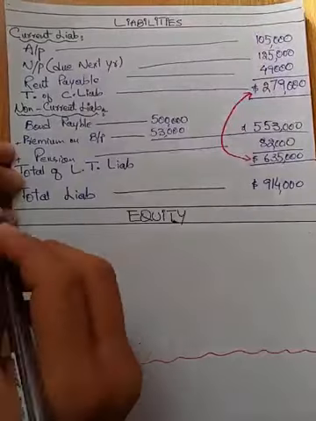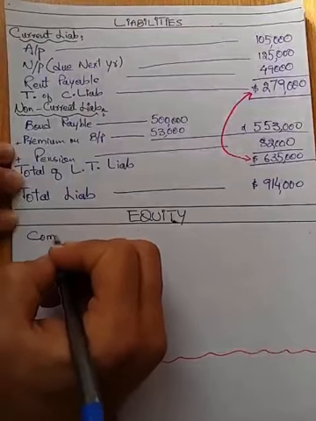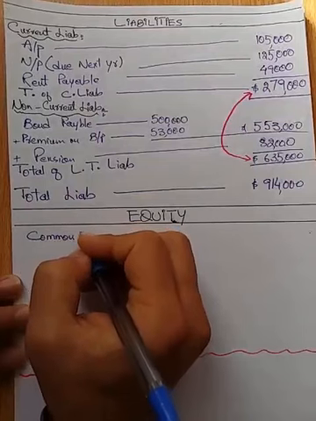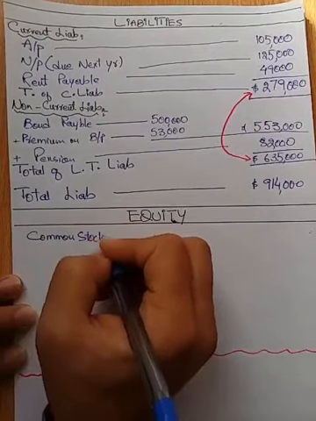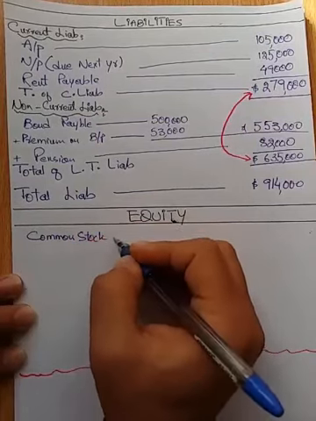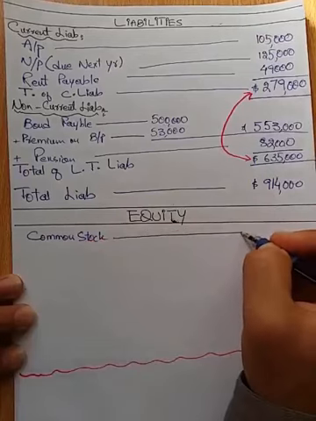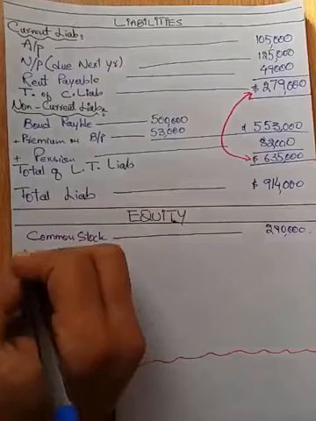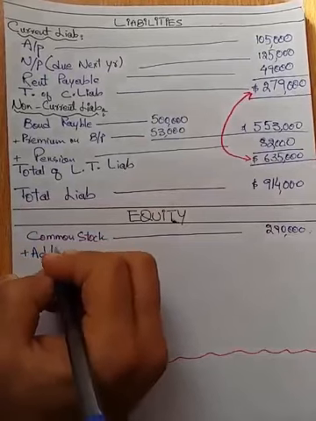So in shortcut, I will only write here common stock, though technically you should write the full statement which you see there, but I will just save a little bit of time, so I will just write here common stock, and the value was 2,90,000. And then we got additional paid in capital.